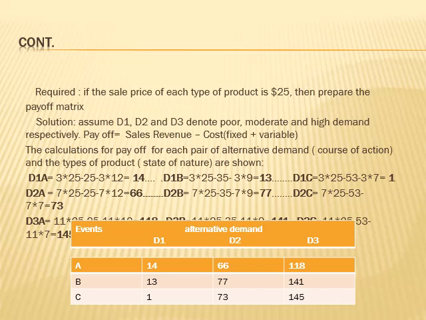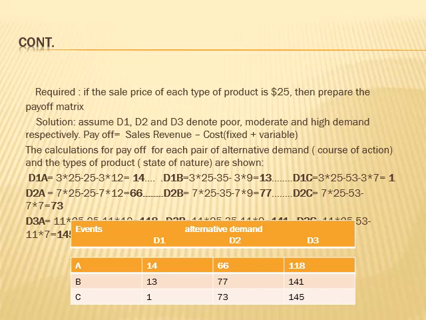Payoff equals sales revenue minus total cost. The revenue equals the price of one unit multiplied by the quantity of the product. Total cost means fixed plus variable cost. Fixed is given; variable cost is the quantity of product multiplied by the variable cost.